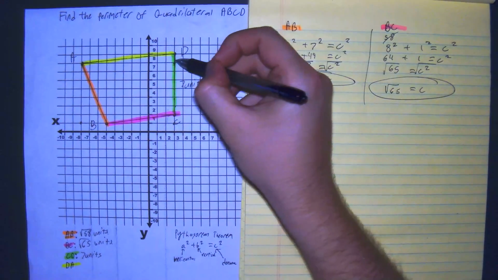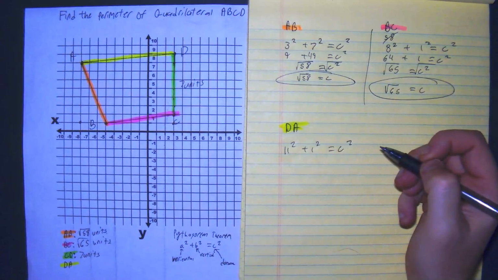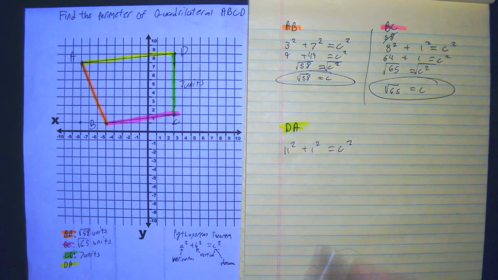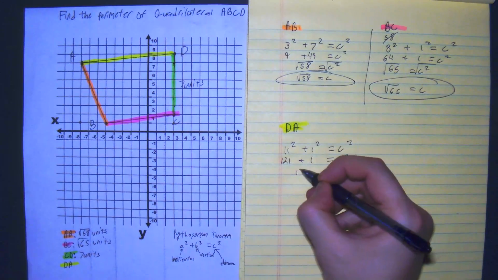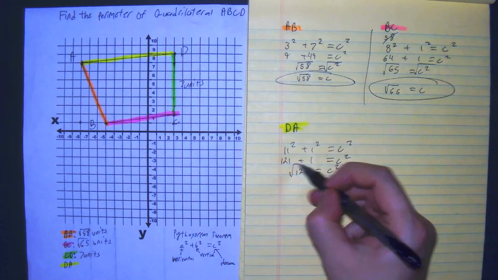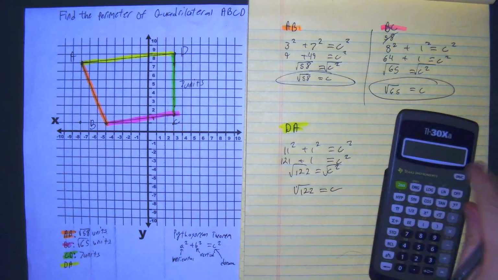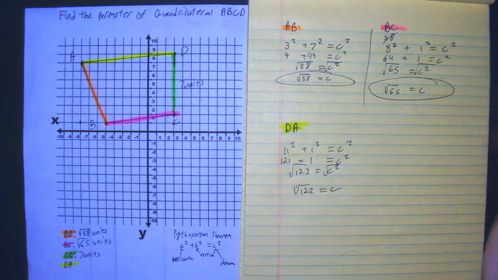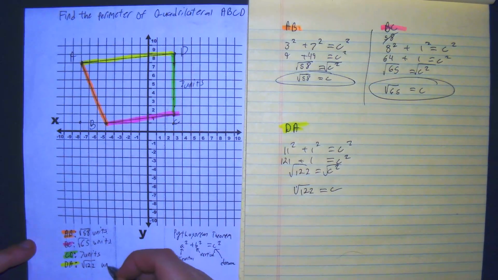And then from this point, you're going to count up 1, and you get plus 1 squared equals C squared. 121 plus 1 equals C squared. You have 122 equals C squared. You square root both sides. You get square root 122 equals C. I don't think you can simplify 122 much. 2 and 61, 61 is prime, so we're going to leave it like that. So we get square root 122 units.